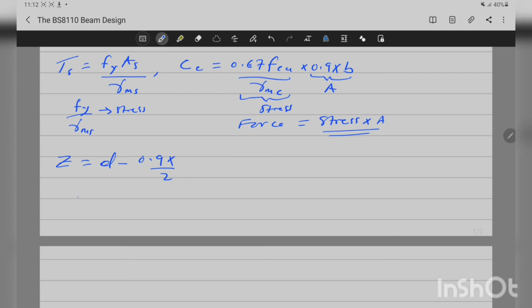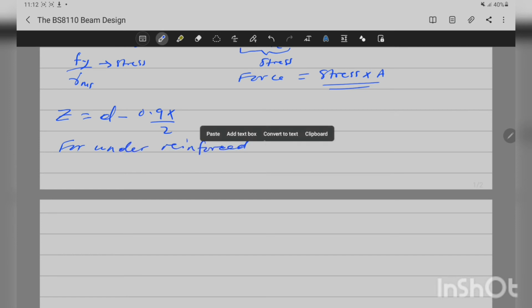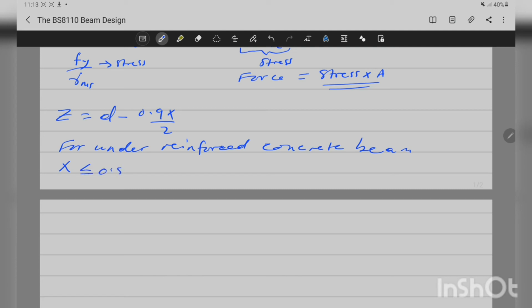For an under-reinforced concrete beam, the code specifies that the neutral axis x value should be less than or equal to 0.5 D.